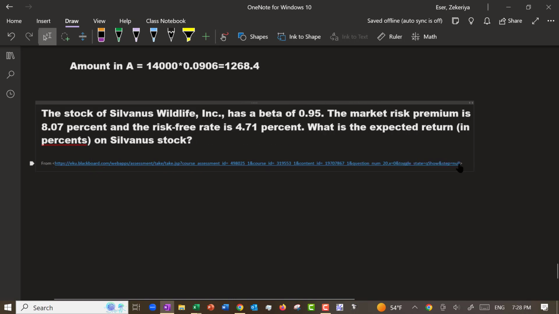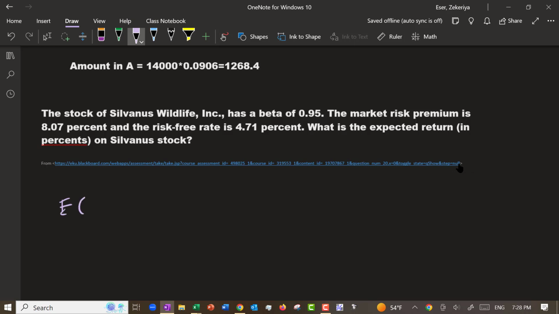This stock has a beta of 0.95, market risk premium is 0.87. Risk-free rate is 471. What's the expected return? This is the easiest question you can get, numerically speaking. Expected return is risk-free rate plus beta times MRP.